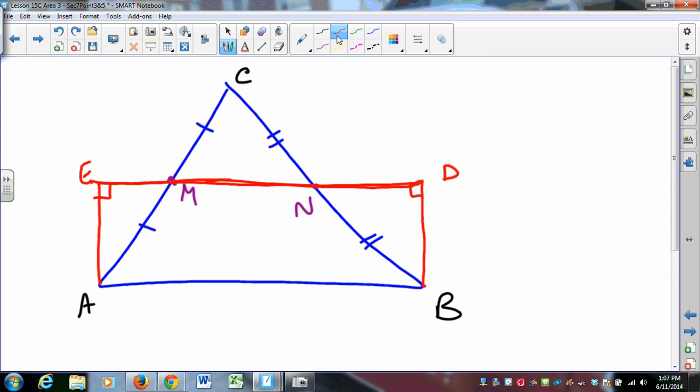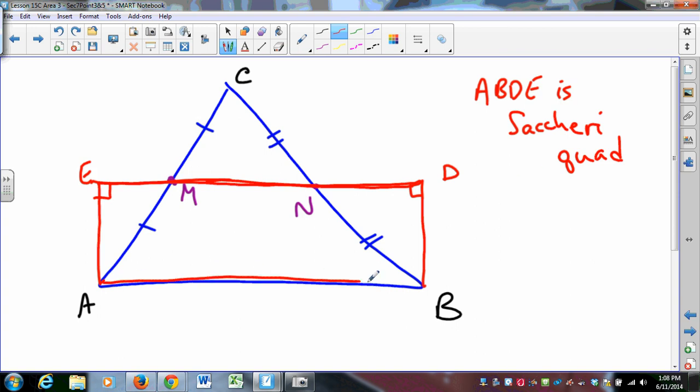The claim is that ABDE is a Saccheri quad. In fact, ABDE is the Saccheri quad associated with triangle ABC. That's the claim.